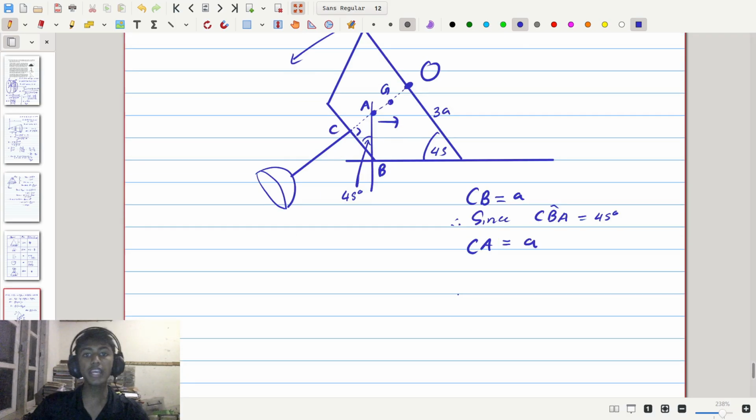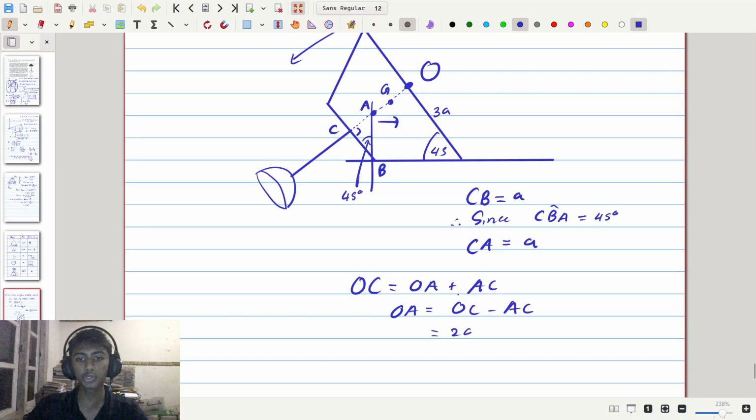Now if CA is equal to a, then since OC is equal to OA plus AC, we can say that OA distance, which is what we want, which is the maximum distance that we can have for the OG length, is equal to 2a, which is OC, minus AC. So we can say it is equal to 2a minus a, which is a.